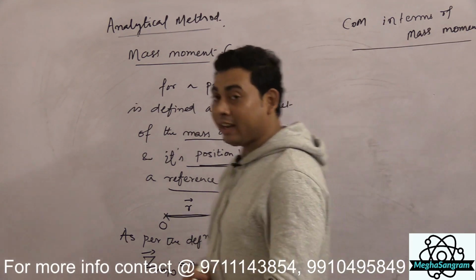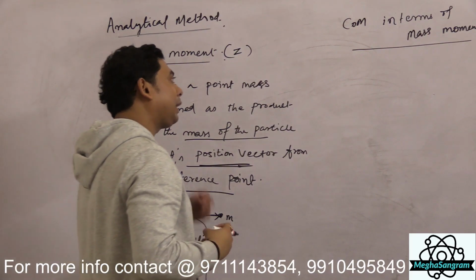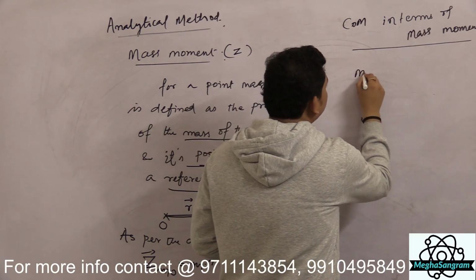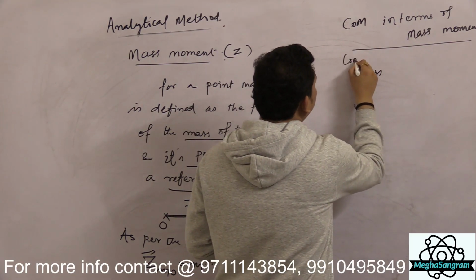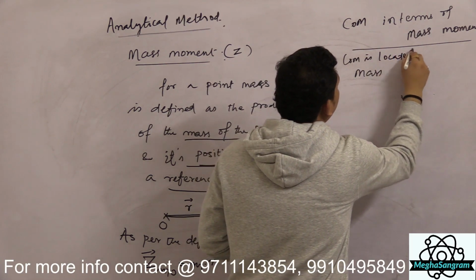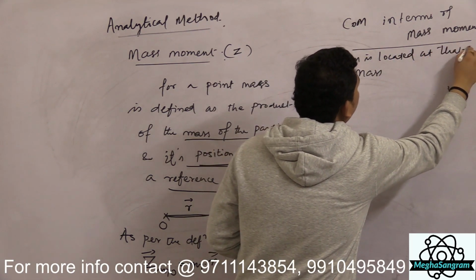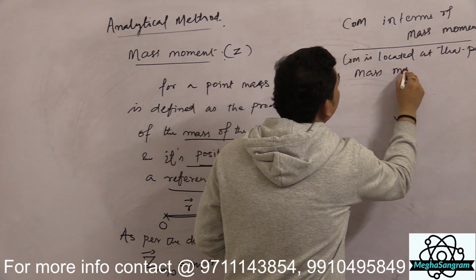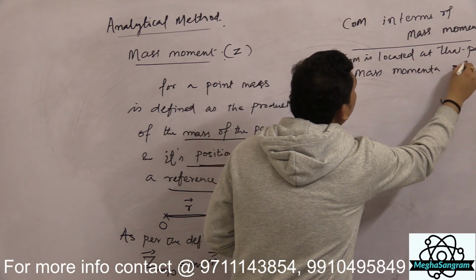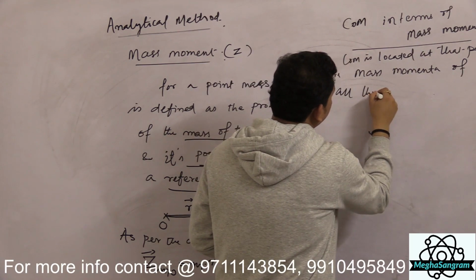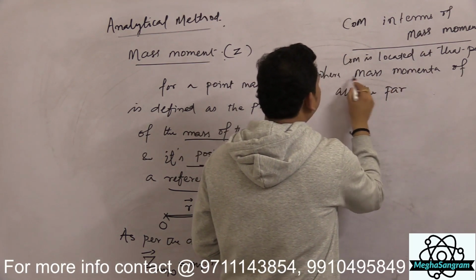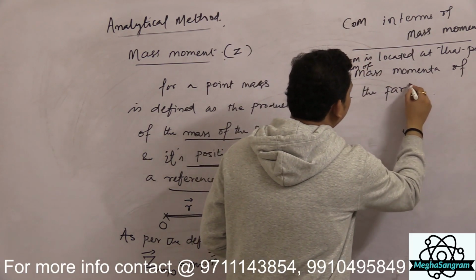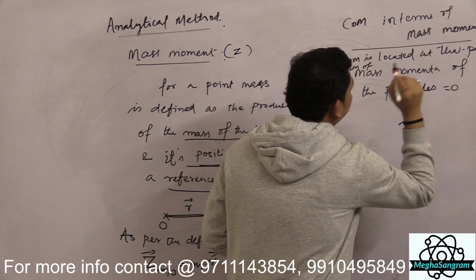Center of mass for an extended body is located at that point where the summation of the mass moments, we call moments momenta, the mass momenta of all the particles, is equivalent to 0.